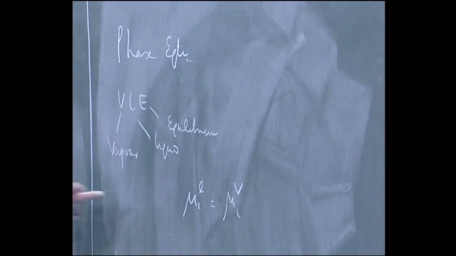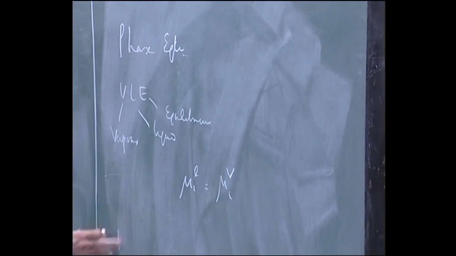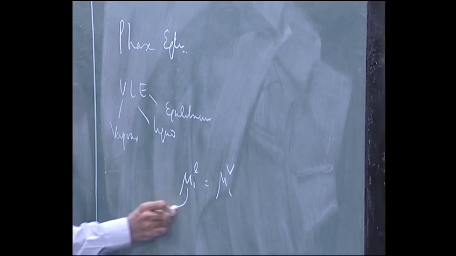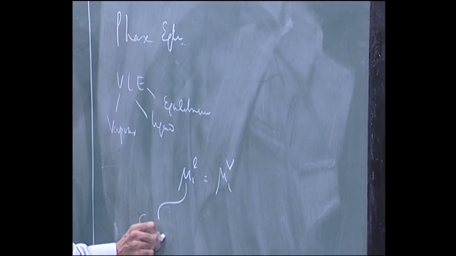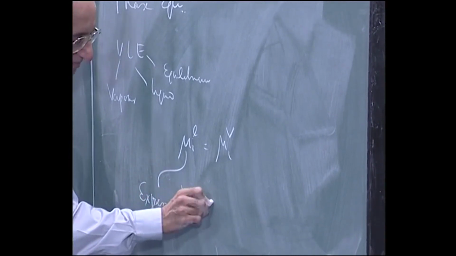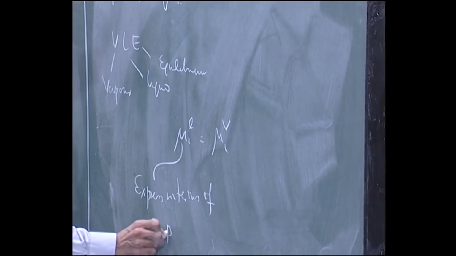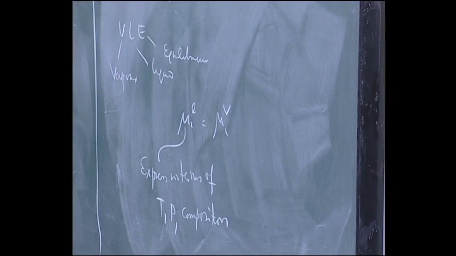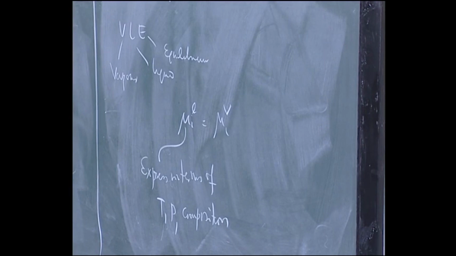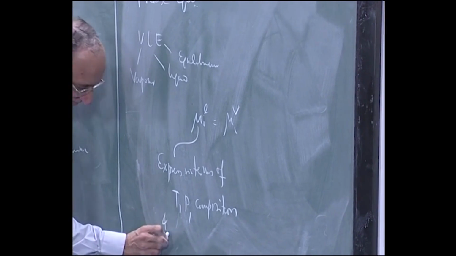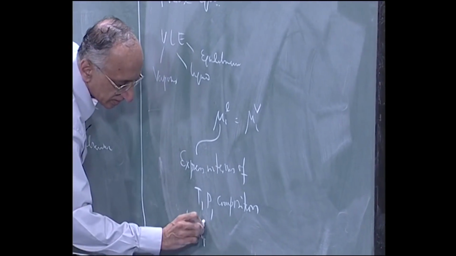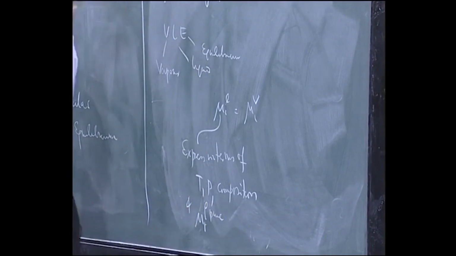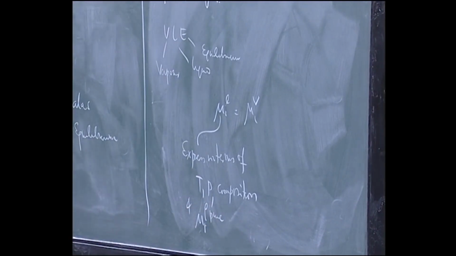So what you do is, when you solve this phase equilibrium problem for mu I liquid, I have to go through a little more. So here you express in terms of T, P and composition and you will get one term here that represents mu I liquid pure, because your model is mu I is equal to mu I pure plus RT ln gamma I xi.